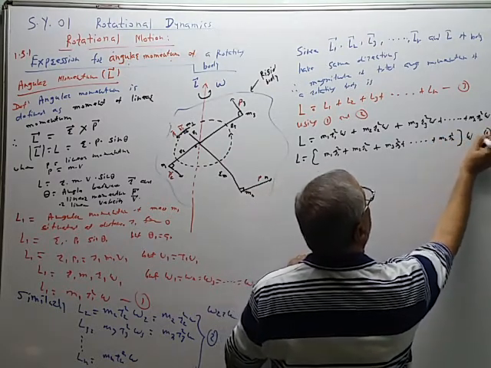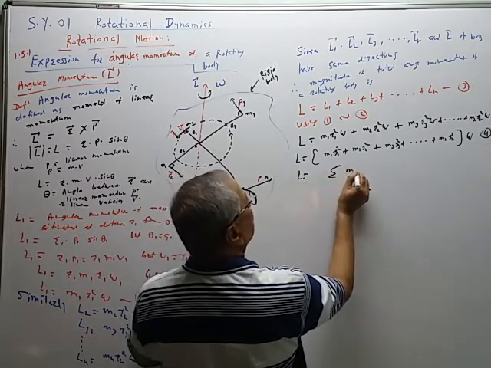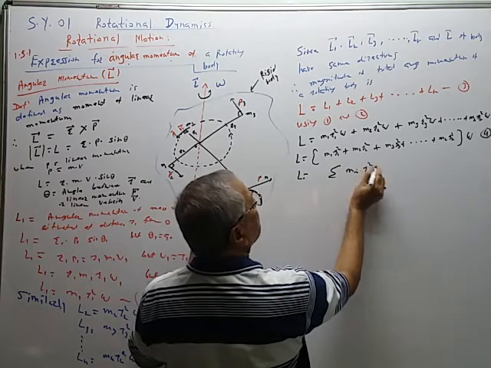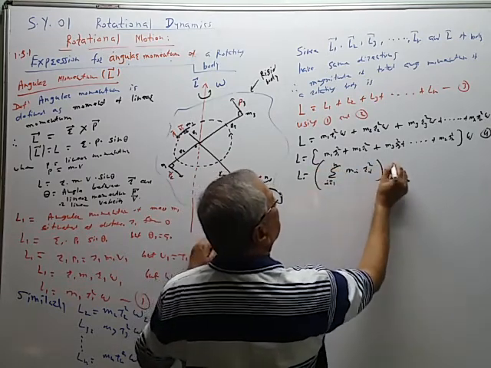So this is equation 4. Therefore L is equal to, again we can use the summation sign, summation of mi ri square, i varies from the first particle to the n-th particle, into omega.